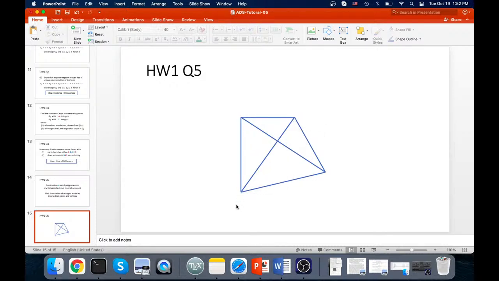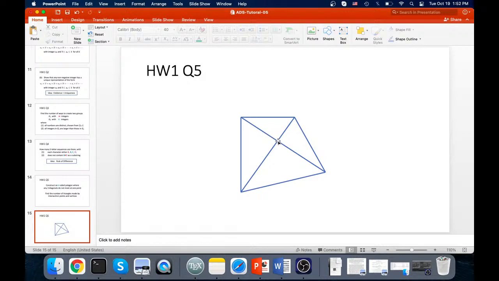So that means that for every 4 exterior vertices of the original polygon, we will be able to draw the diagonals in this way such that it will create 4 triangles with 2 endpoints being the original vertices and 1 endpoint being the intersection point of diagonals.